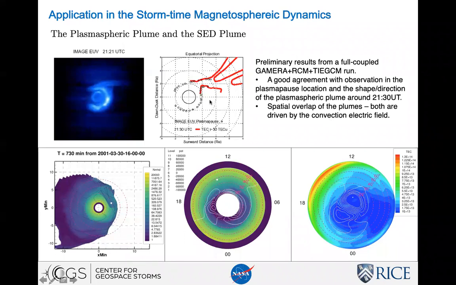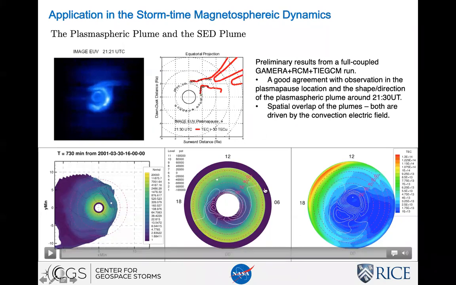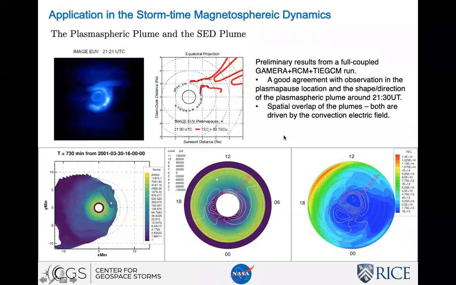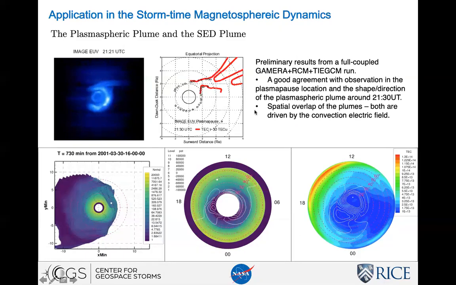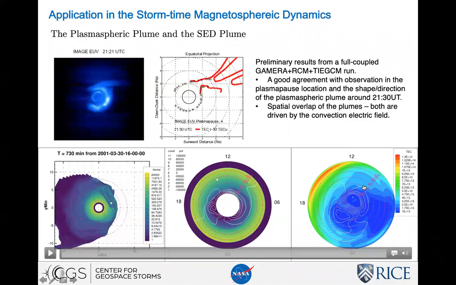For example, we have this plasmasphere density feedback to the MHD, and it will produce the electron precipitation to TIE-GCM at a certain region with certain strengths, and it will solve the electric potential that drives both populations, drives the cold plasma in RCM, and also drives the electron population in the ionosphere.